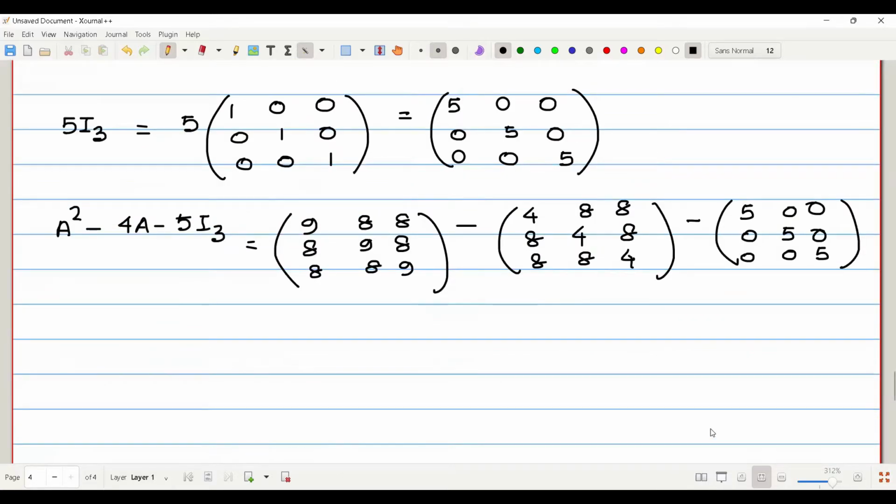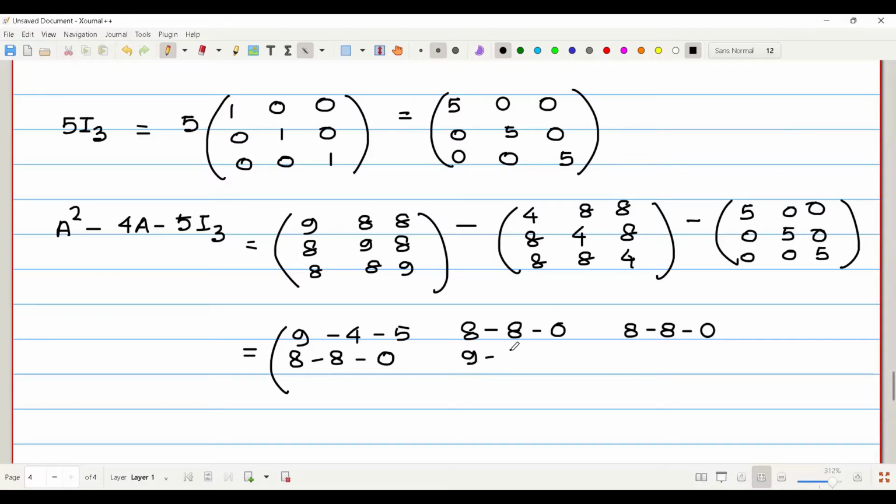So we have the result as 9 minus 4 minus 5, 8 minus 8 minus 0, 8 minus 8 minus 0, then 8 minus 8 minus 0, 9 minus 4 minus 5, 8 minus 8 minus 0, and here 8 minus 8 minus 0, 8 minus 8 minus 0, and 9 minus 4 minus 5.